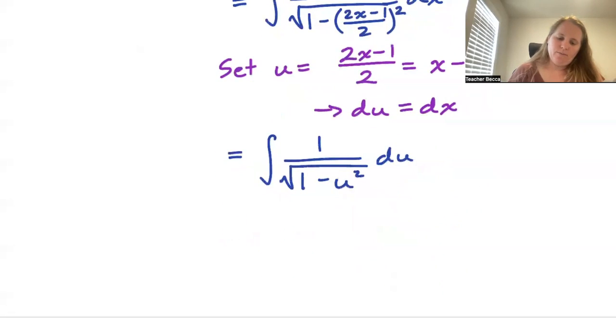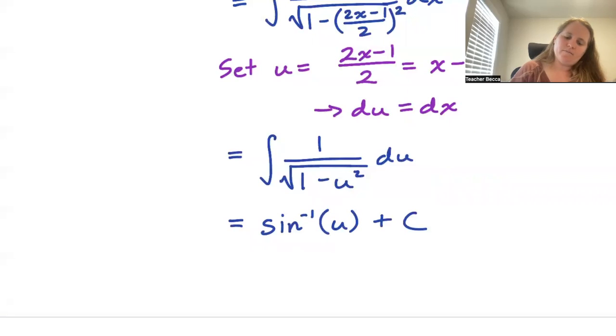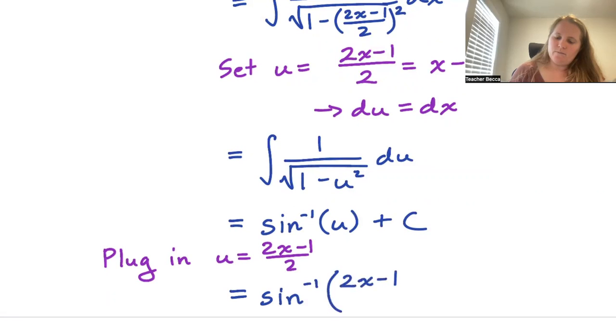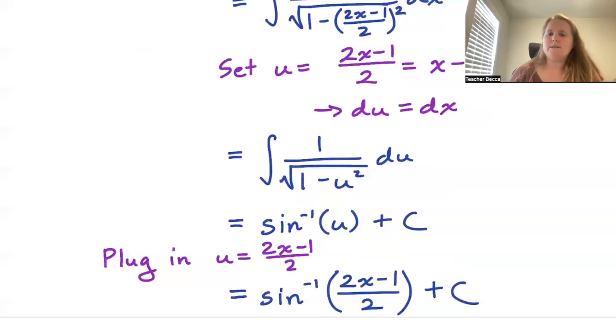This integral we know. This was simply sine inverse of u plus c. If we plug back in u equals x minus 1/2, or 2x minus 1 over 2, then we wind up getting that our integral is equal to sine inverse of 2x minus 1 over 2 plus c.